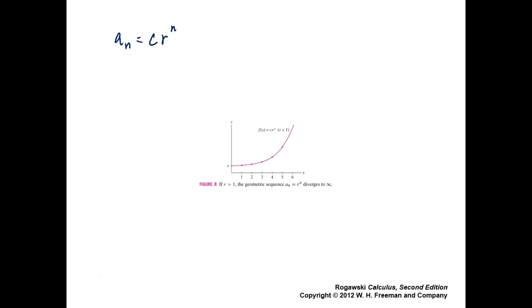If R is greater than 1, the geometric sequence obviously diverges. Now, they left off the C here. They just put it in here. It's starting at C and going from there. And obviously that's divergent. It's getting bigger and bigger and bigger. So that's not really all that interesting if R is greater than 1.